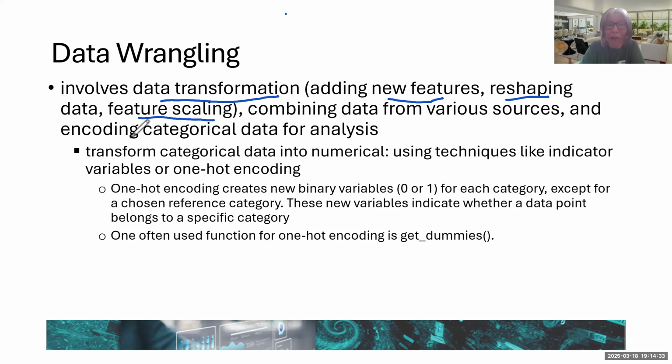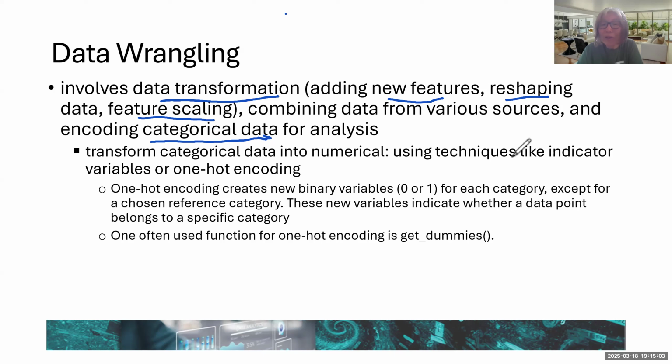And you can also encode categorical data for analysis. We will see in our example what categorical data is. We need to transform categorical data into numerical, because for analysis, especially modeling, it only takes numbers.